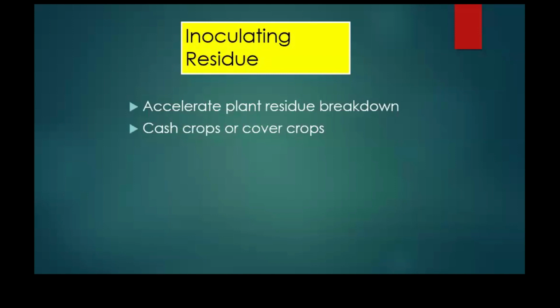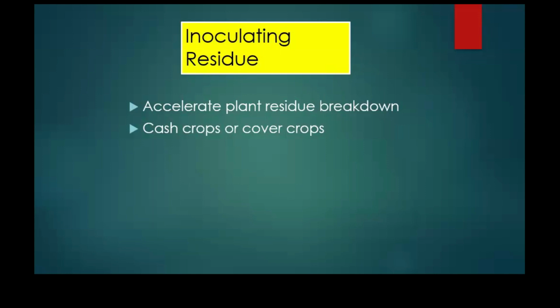Another opportunity for increasing microbial populations is by inoculating residue. The purpose is to accelerate that plant residue breakdown. Again, we believe that's one of the ways that you really build soil organic matter and humus in the soil.